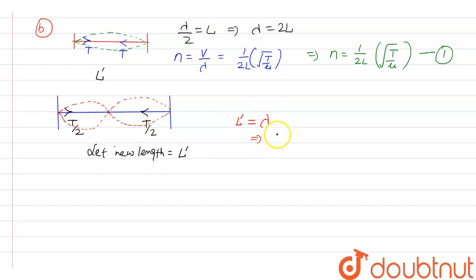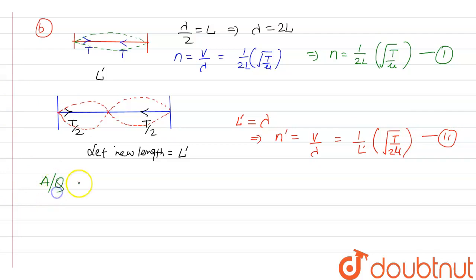The frequency N dash is given as V by lambda, and lambda is L dash, so 1 by L dash into V, where V is the square root of tension, here T by 2, over mu, since the string is the same. According to the question, the frequencies N and N dash are the same.